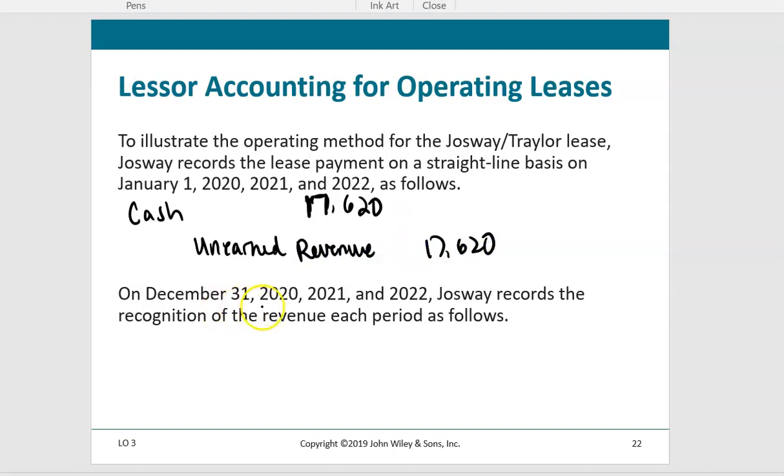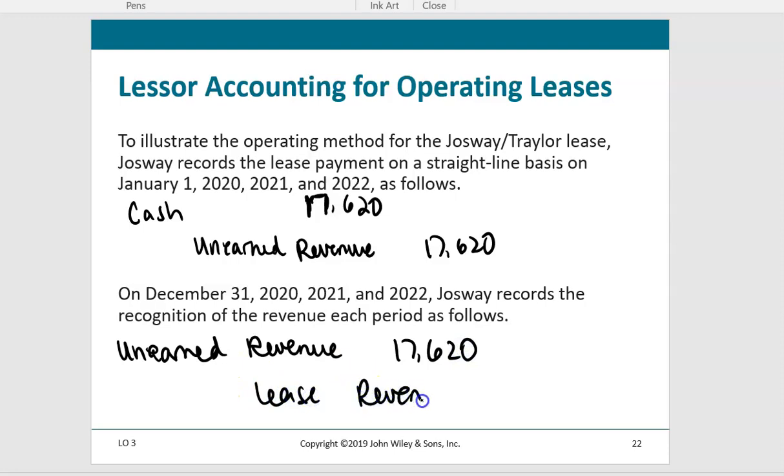On December 31st of each year, the company is going to record as an adjusting entry the revenue that's earned. So Josway, the lessor, will decrease unearned revenue and then record lease revenue. Notice this is saying every one of these 3 years.